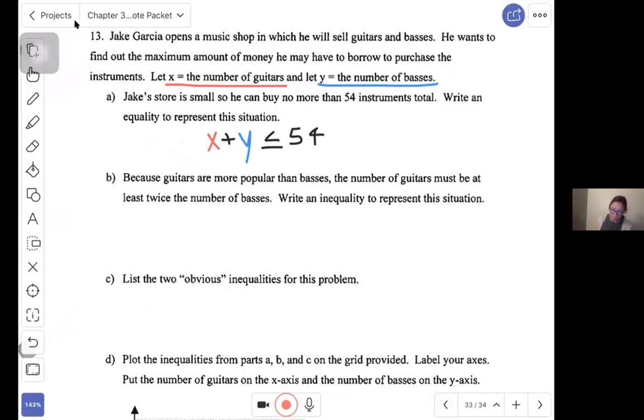Part B says, because guitars are more popular than basses, the number of guitars must be at least twice the number of basses. So think about this. What do we have more of? Guitars are more. So we know the sign would be opening towards guitars.